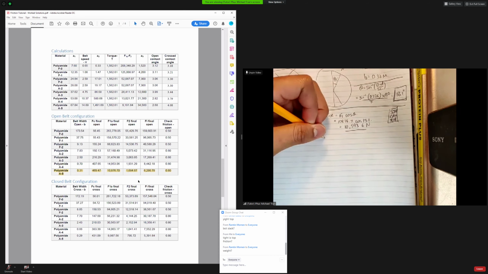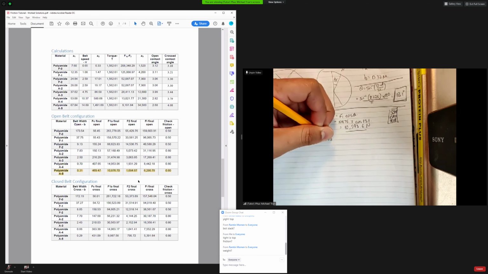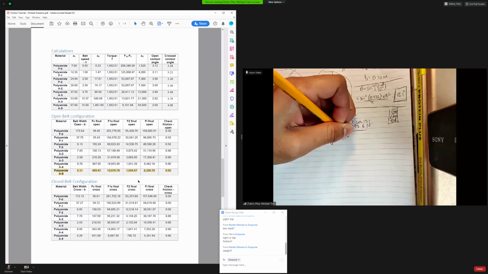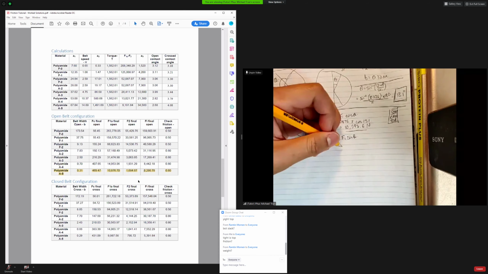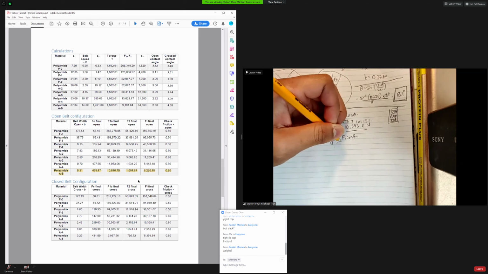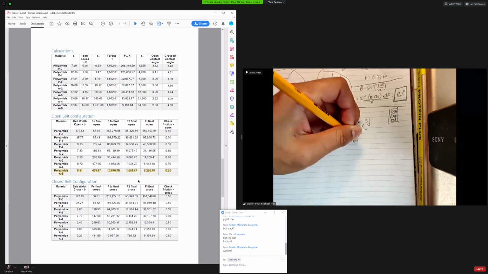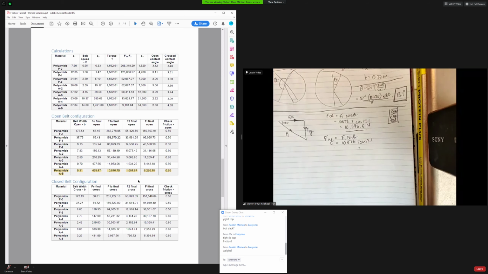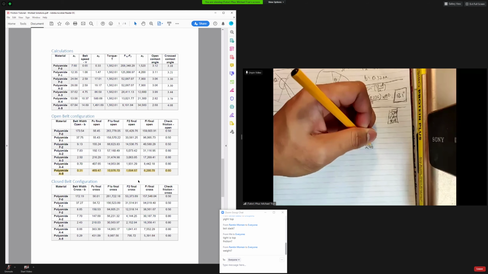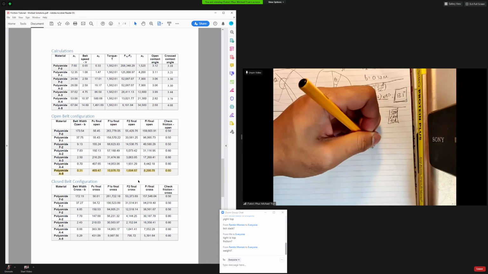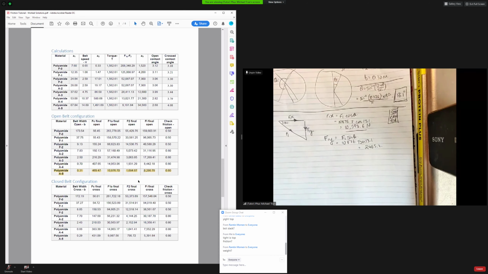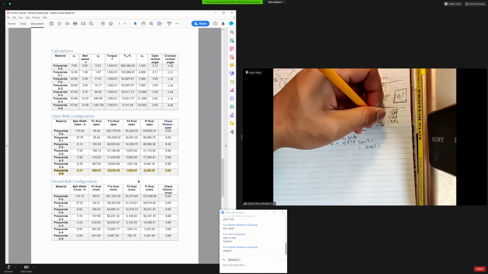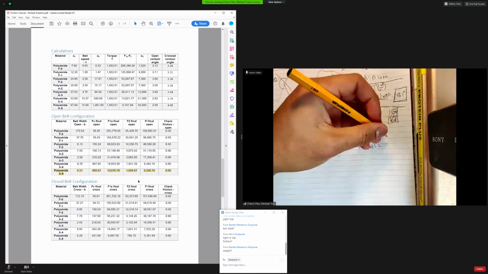To get your vertical component, F1y equals F1 sine theta, 10876.7 sine 13.1 equals 2465.2. And it's worthwhile to mention that these are going that direction, and that's going downwards.